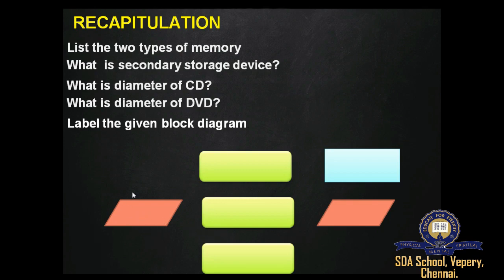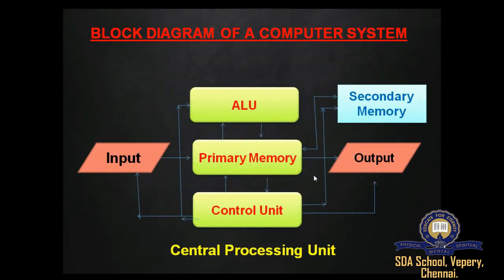What we have in this box is input devices, and in this place output devices, and the three boxes called, very good, central processing unit, and this box, this is the secondary storage devices. Very good. This is the block diagram of a computer system. That's all for today's session.